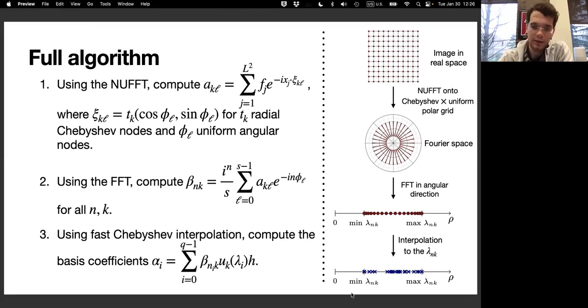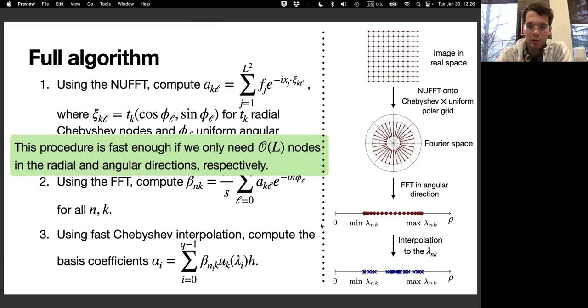And then this beta will be some kind of approximation to the continuous beta, which is hopefully what we're looking for. Okay, and that's the entire algorithm. They're just 3 steps. And we'll keep talking about it on the next couple of slides.